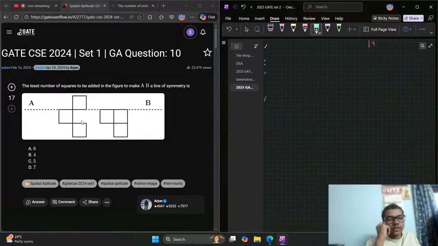So if you add a square here, you need another one, and another one, and another one. So 3 squares are to be added at the top, and 2 squares are needed over here.